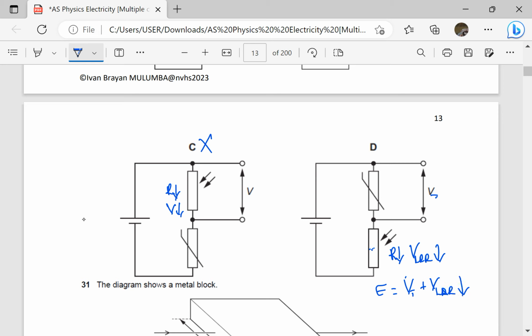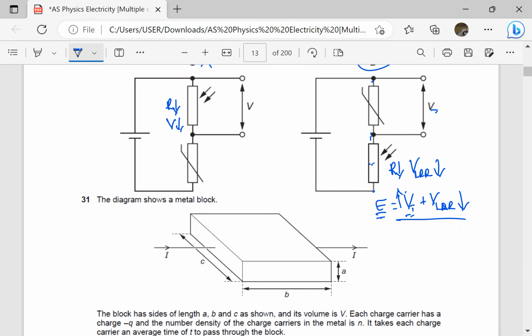If it has decreased for the LDR, it must increase for the thermistor so that the e.m.f. remains the sum of these two. So the answer is going to be D. When the light intensity increases, the PD across the LDR decreases, but the PD across the thermistor will therefore increase. So the answer is D.